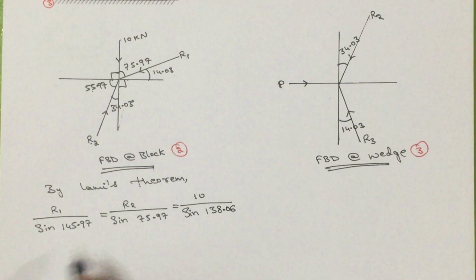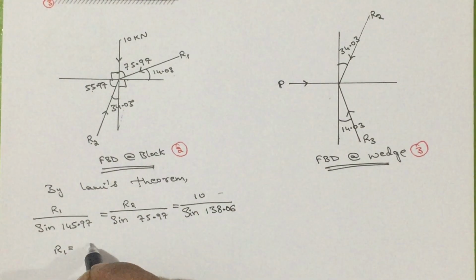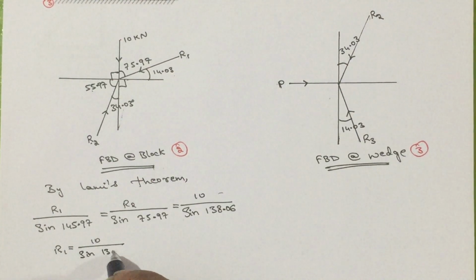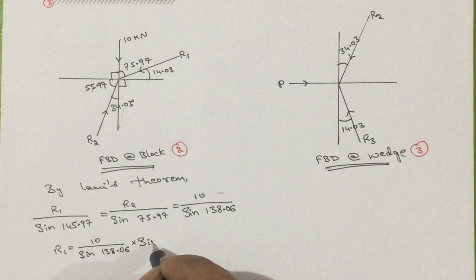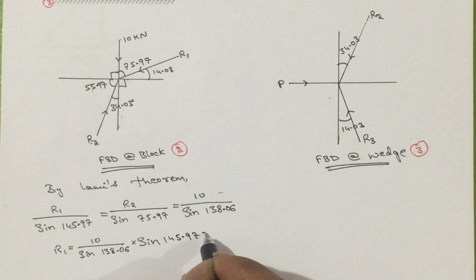We have three parts. So consider the first part and the last part. You are going to get R1 as 10 divided by sine of 138.06 multiplied by sine of 145.97.